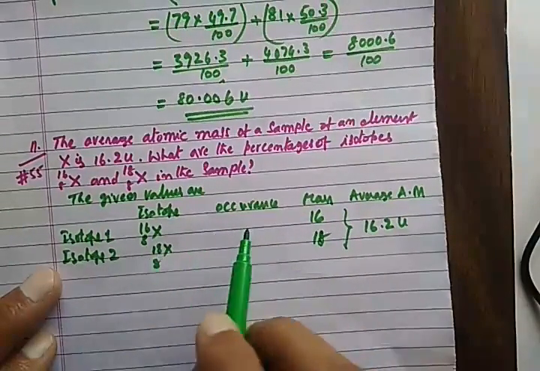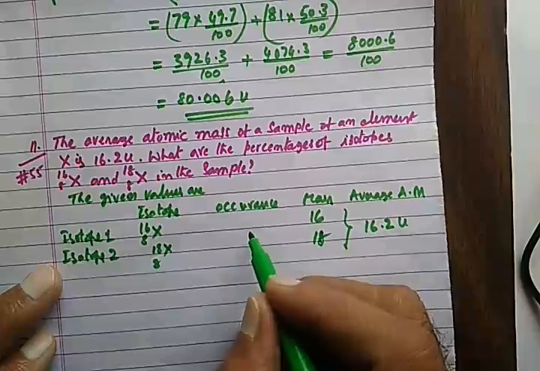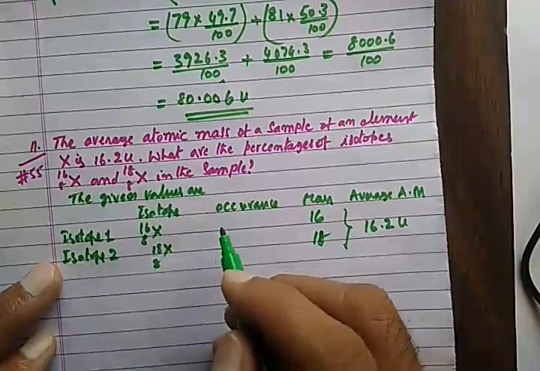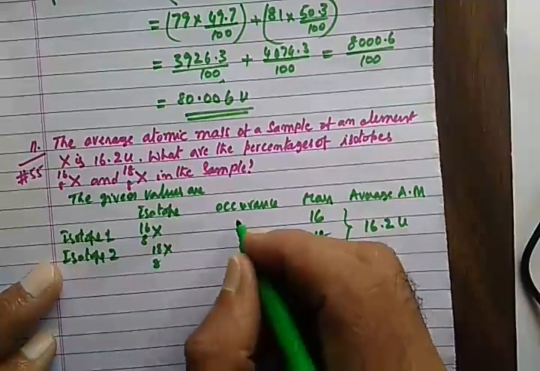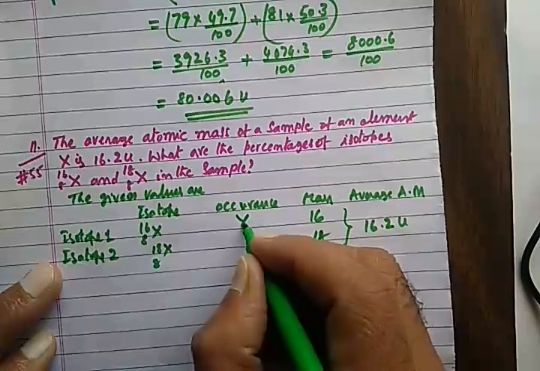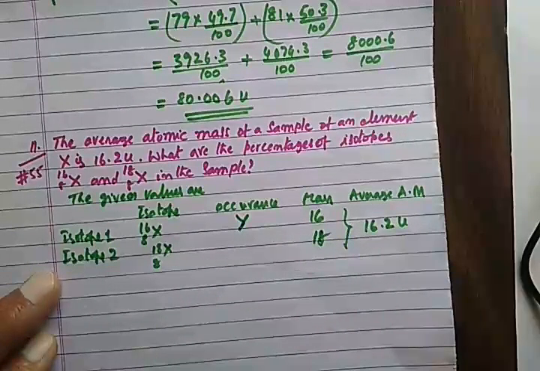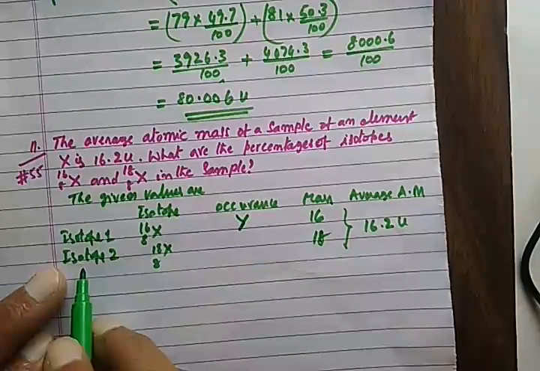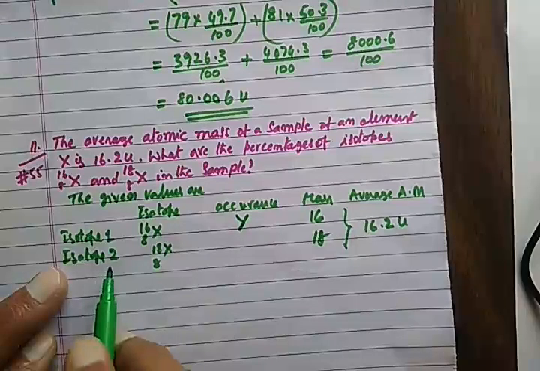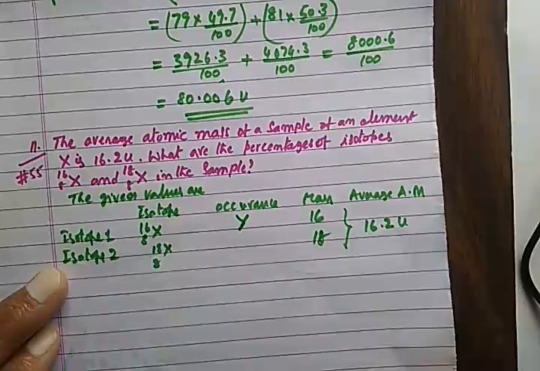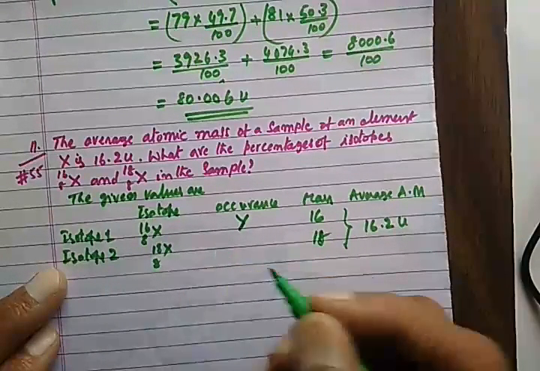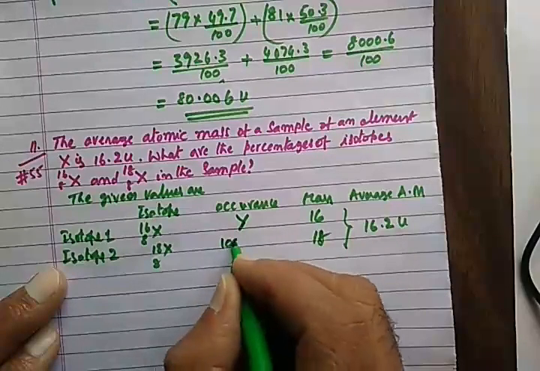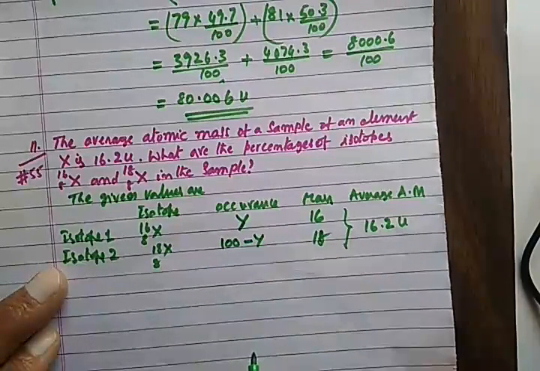I'll assume the occurrence of isotope 1 as percentage Y. Then isotope 2 will become 100 minus Y. We will go back to the earlier problem.